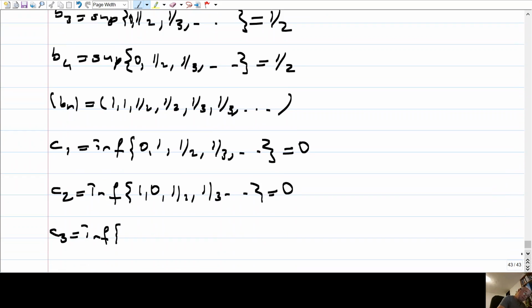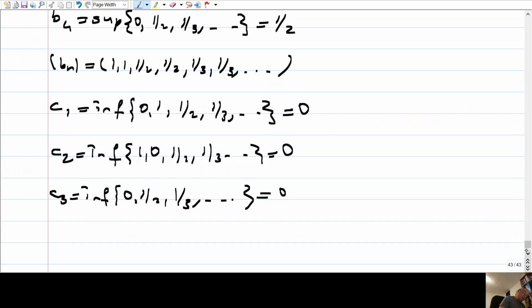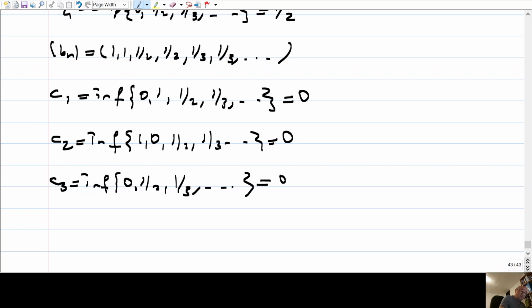So again 0, and then the fourth element is 1 over 2, 1 over 3, and so on. So it is again 0. The infimum will always be 0 because 0 repeats infinitely many times in this sequence. So 0 will be in each of these sets. So Cn is just 0 for all n. So Cn is the zero sequence and Bn is this sequence.